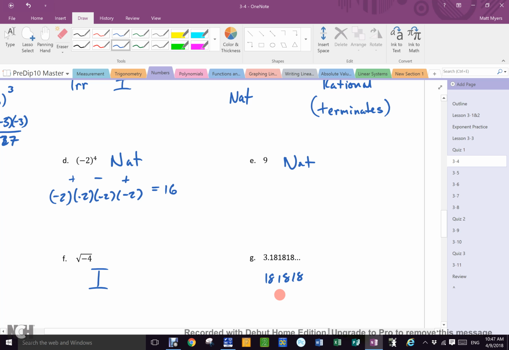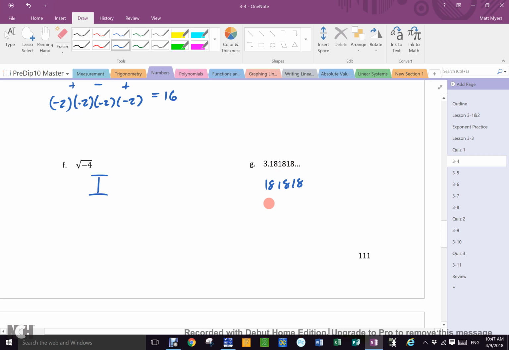But does it guarantee? No. Could the 10 millionth decimal not be a 7? Exactly. This one, we have to say it appears rational, but it might be irrational because there's no bar.